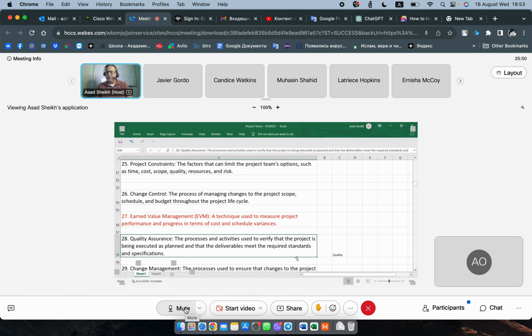Yes, go ahead, Azim. You said that there is no change control in planning. There's no change control in planning because in planning you're planning, right? You're going to have changes, and you're not going to go through a formal process to get approval. You're just going to add that to your plan, and the approval is not going to be formal.